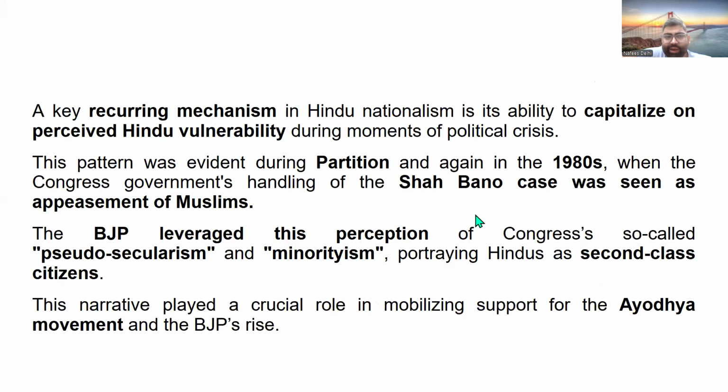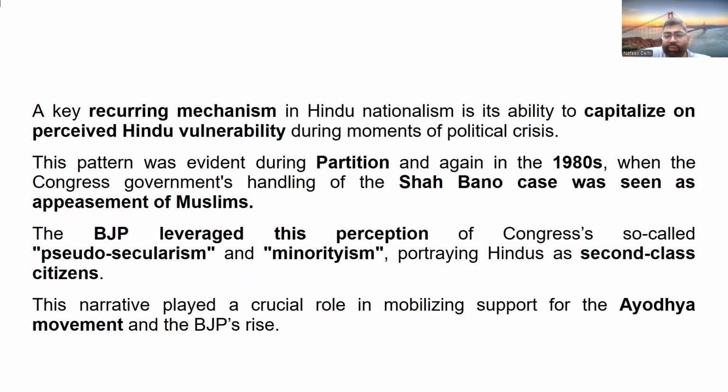A key recurring mechanism in Hindu nationalism is its ability to capitalize on perceived Hindu vulnerability during moments of political crisis. This pattern was evident during partition and again in the 1980s, when the Congress government's handling of the Shah Bano case was seen as appeasement of Muslims.